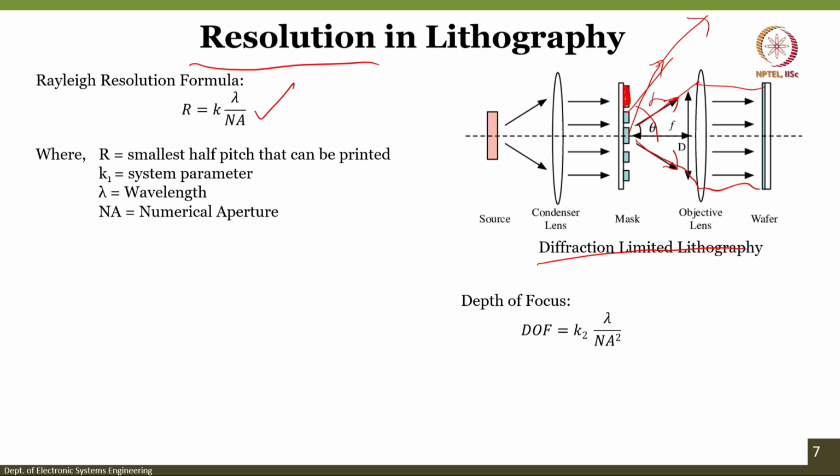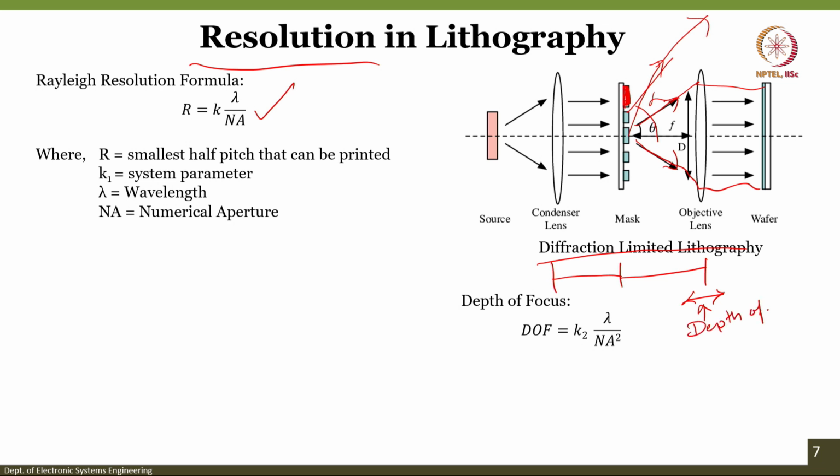That depends on the path delay or path difference between two particular beams. That gets decided by how far apart these things are, the distance between the mask and objective lens, and also the condenser and mask. How much movement or tolerance you can allow here is what is known as your depth of focus.